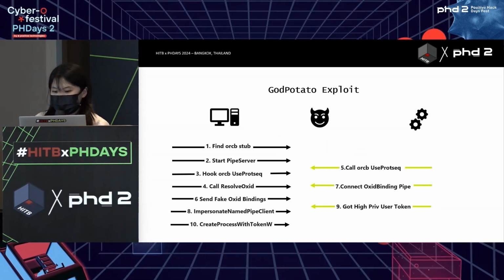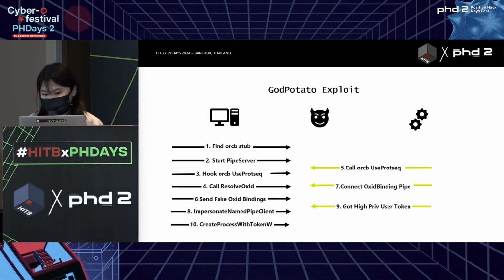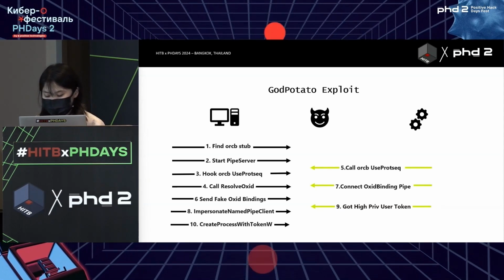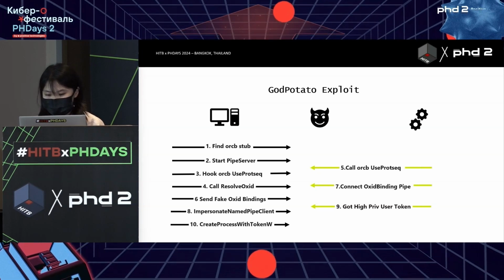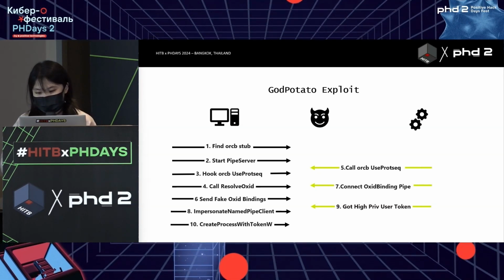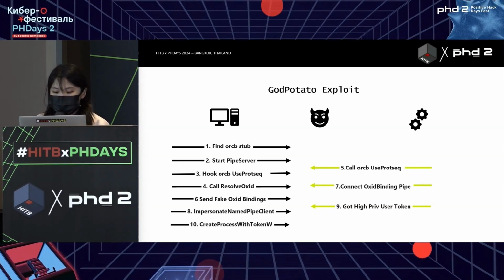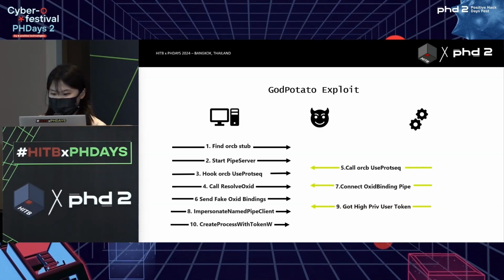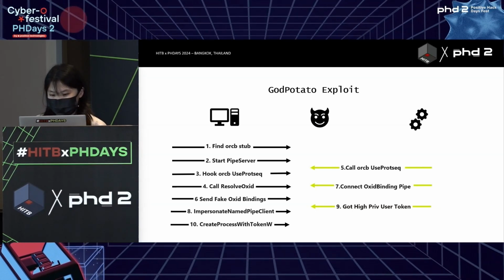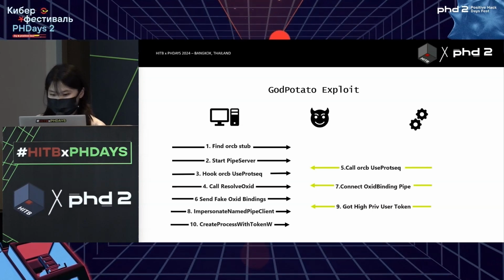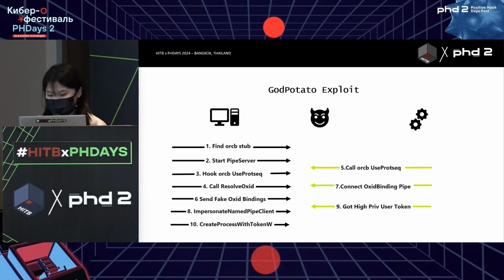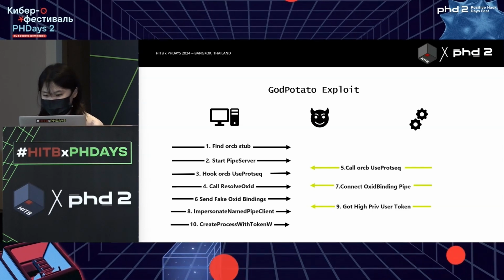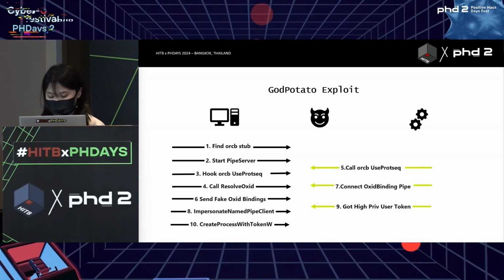Step 1, find the RPC ORCB structure because we want to hook its UseProtocolSequence function. Step 2, start the evil pipe service. Step 3, hook the UseProtocolSequence function of ORCB. Step 4, trigger ResolveOxid. Step 5, wait for RPCSS to initiate a UseProtocolSequence call to us.